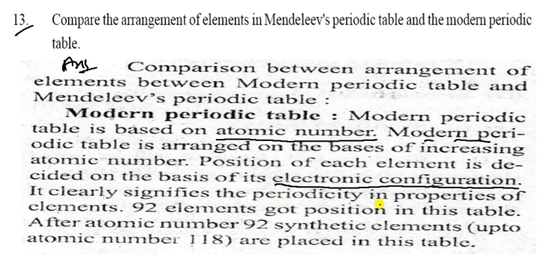It clearly signifies the periodicity in the properties of the elements. 92 elements got a position in the table, and after atomic number 92, synthetic elements up to atomic number 118 are placed in the table. So this is the answer.